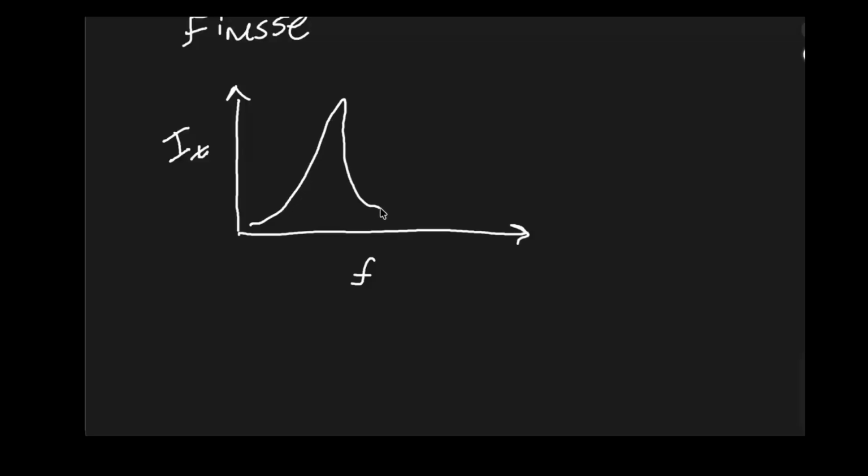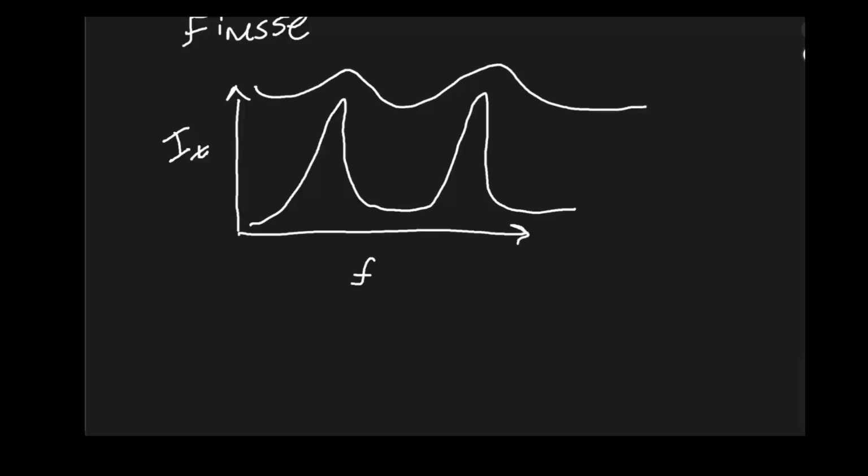Depending on the finesse of the cavity, you could have differences in the transmitted intensity of the light that's propagating through your etalon.